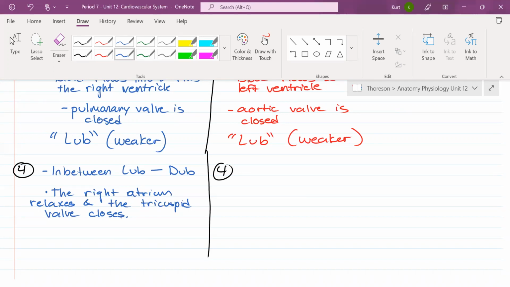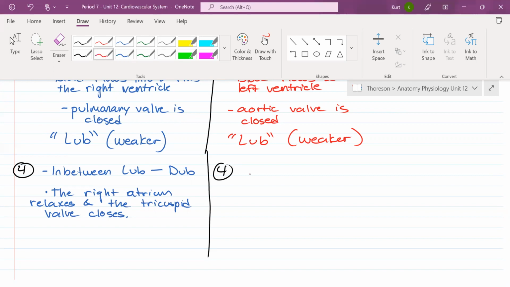Sometimes you have to have a valve replacement. You could take a cadaver's valve and put it into your heart. You could have a pig valve put into your heart. Or we have the technology now where scientists can grow a valve using your own stem cells. They'll instruct them to make valve cells, and you'll make your own heart valve, and then you put it in your body.